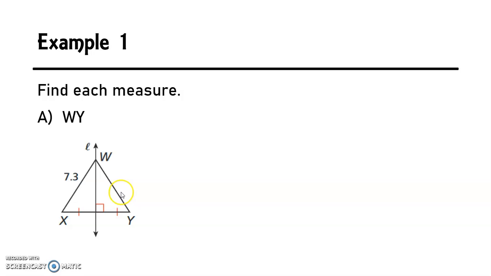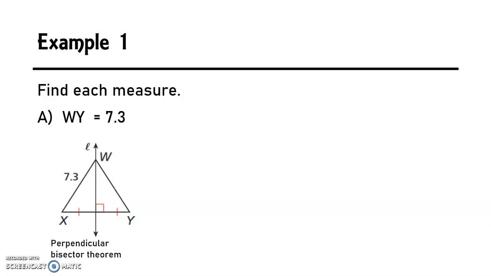So I know that WY has to be equal to WX. So WY is 7.3. So your final answer would be that WY equals 7.3. And you would also want to note the theorem that you used.